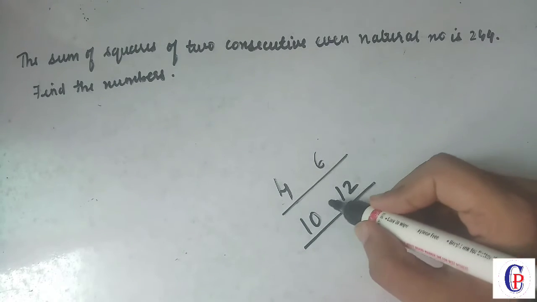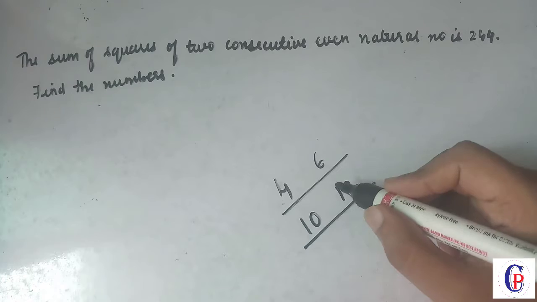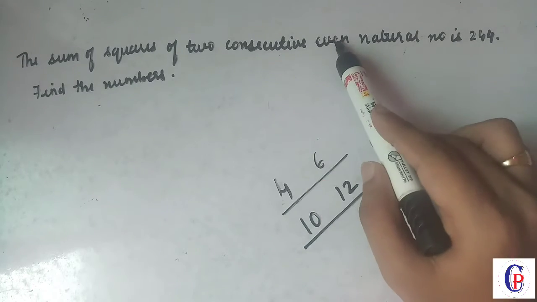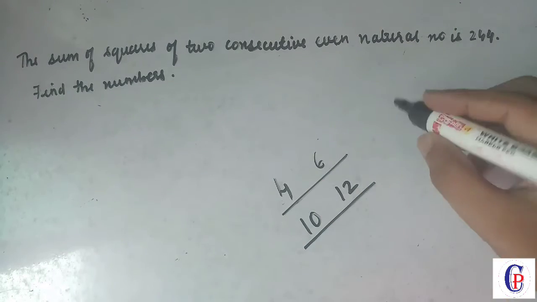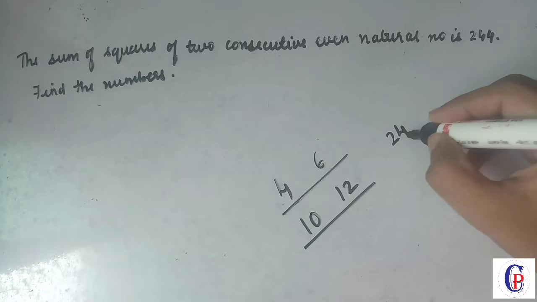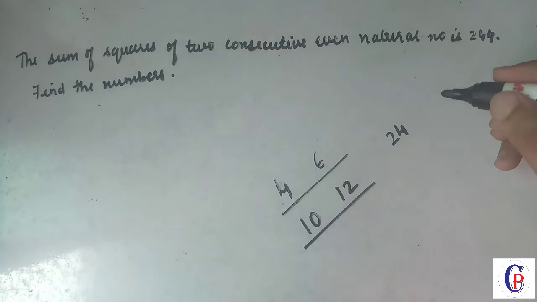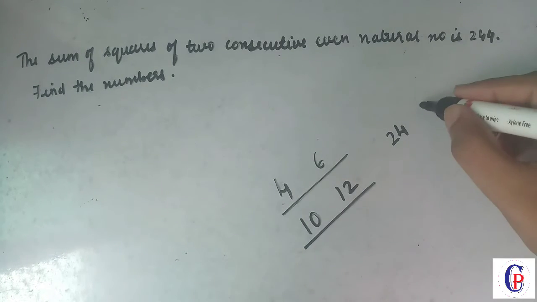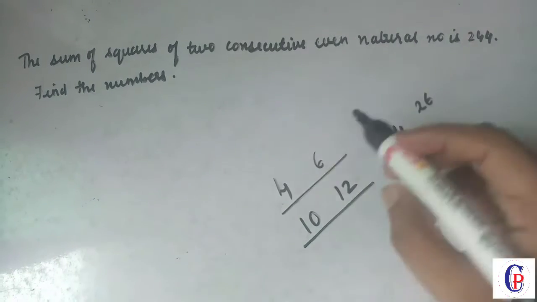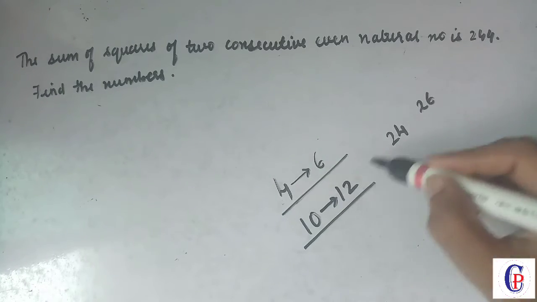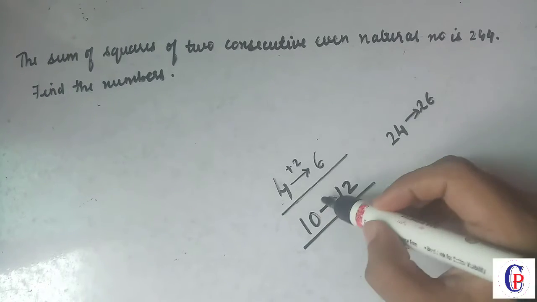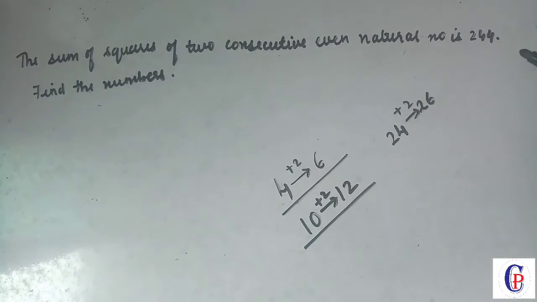It is not 11 because 11 is not an even number. If we take 24, because 24 is an even number, the next is 26. So you can see here every next number is plus 2.